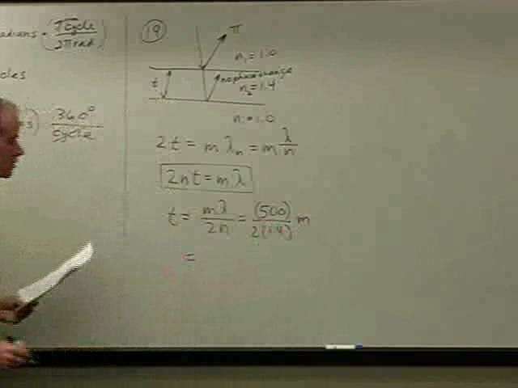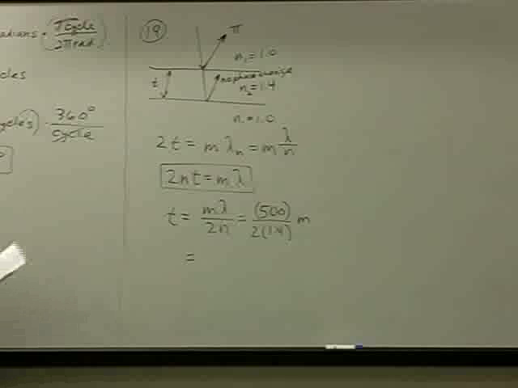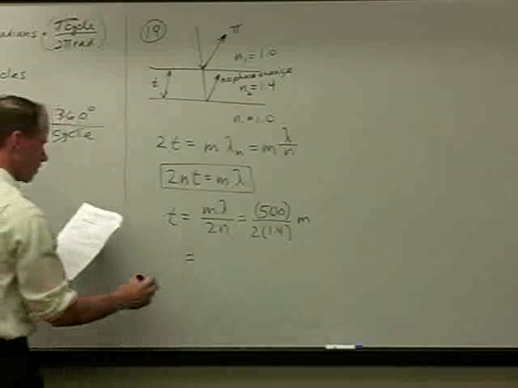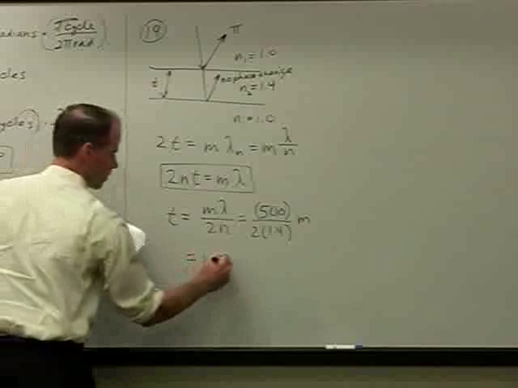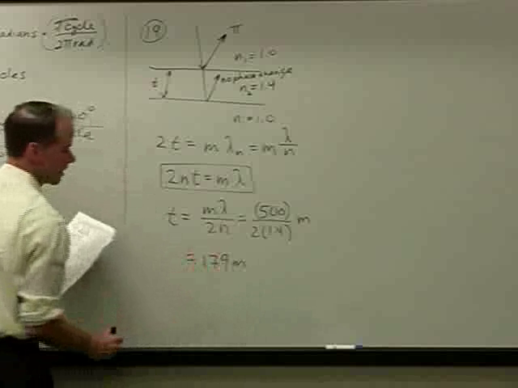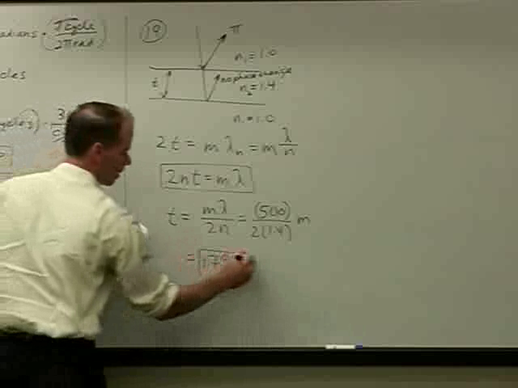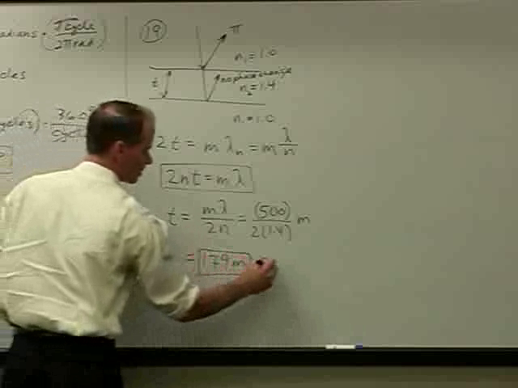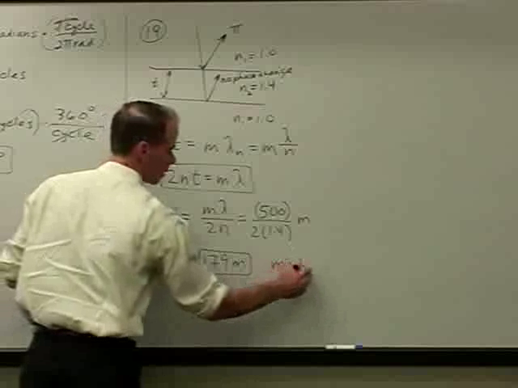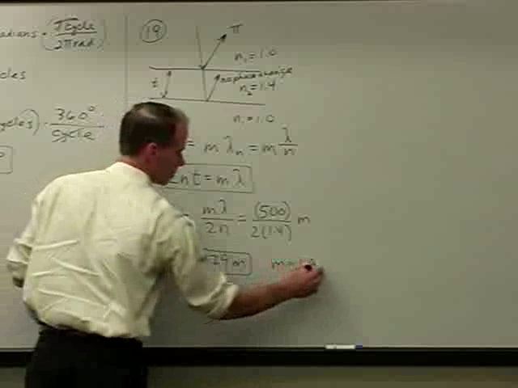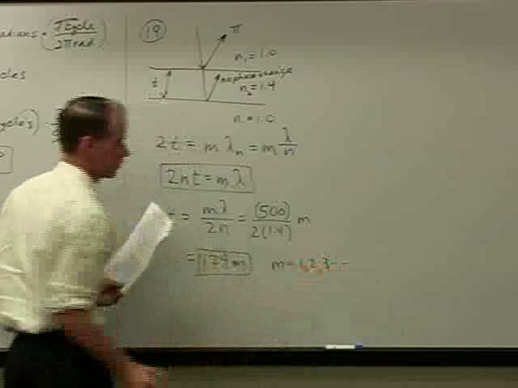Divided by 2 times 1.4 times m gives us 179 m, where m is equal to 1, 2, 3, and so forth.